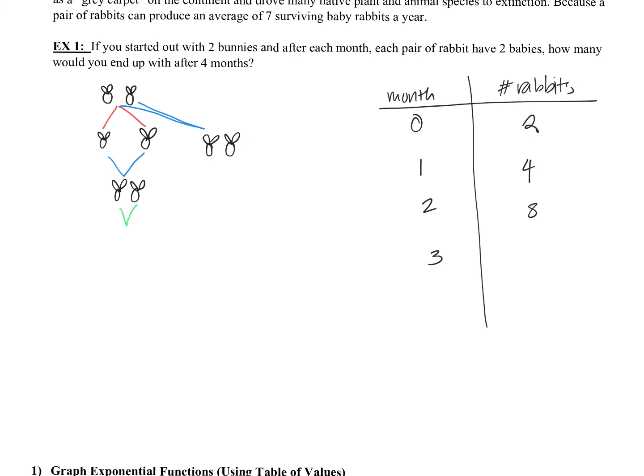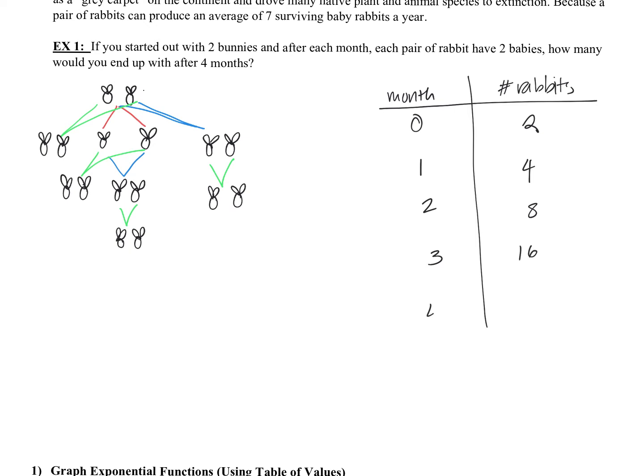So let's say that this pair has, this pair has, this pair has, and this pair again still has. So they each have 2 bunnies. Rabbits don't seem to mind who their cousin or sibling is. All right. Now how many rabbits do we have? Well, let's see. 2, 4, 6, 8, 10, 12, 14, 16 rabbits.